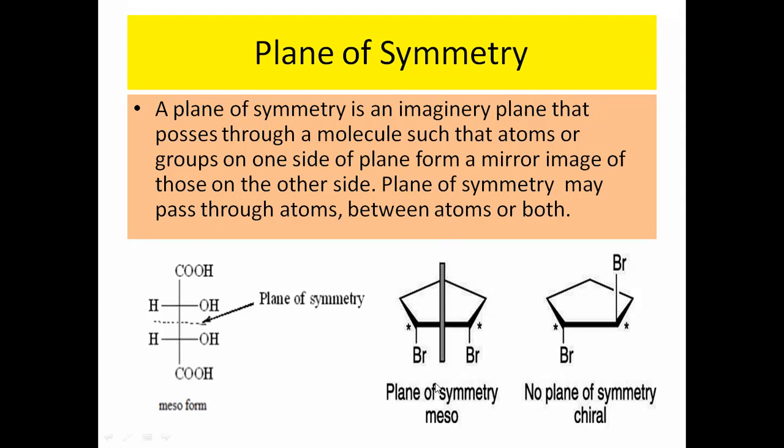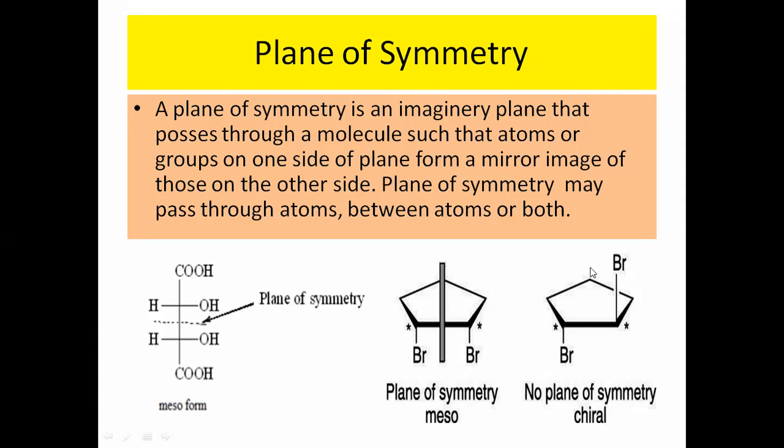See here, another example. This is a cyclic ring. We have the bromine substituents, and they are on the same side of the plane. If we put an imaginary line here, then this part will become the mirror image of this part. So there is a plane of symmetry present.